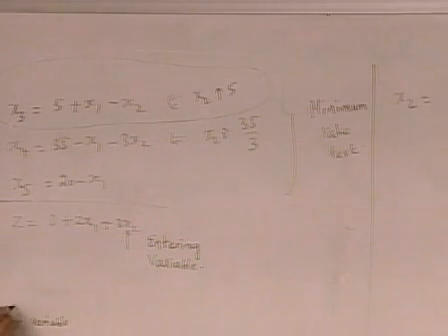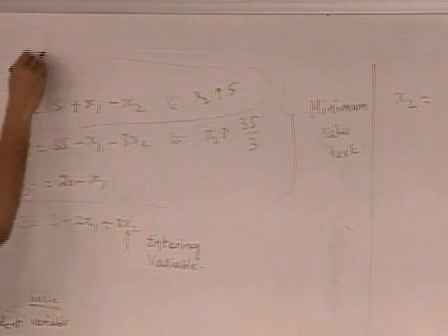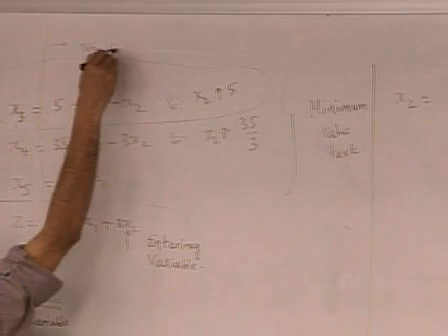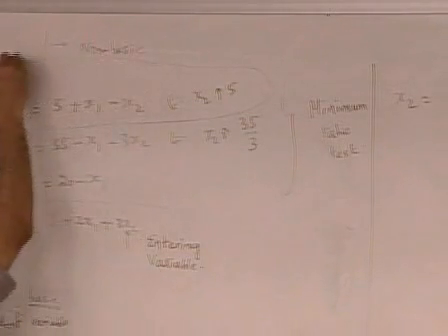So dependent variables are called basic variables for reasons that will become clear a little later. And independent variables are called non-basic variables. So anything on this side, these are non-basic, and these are basic.